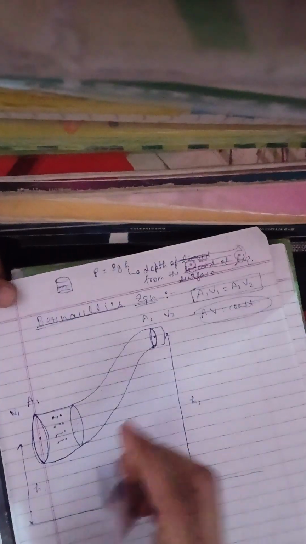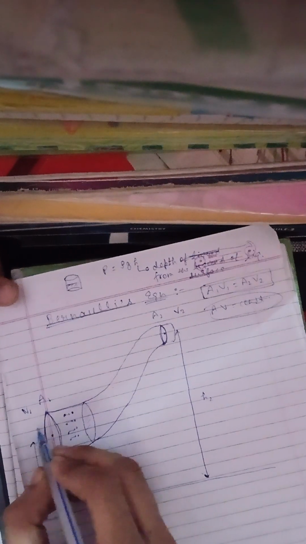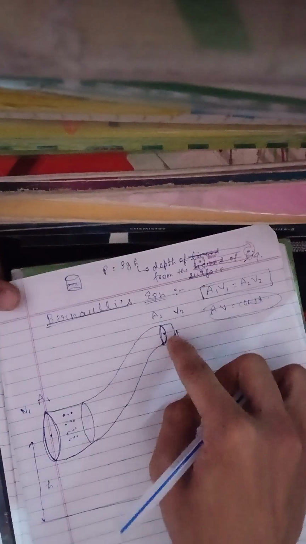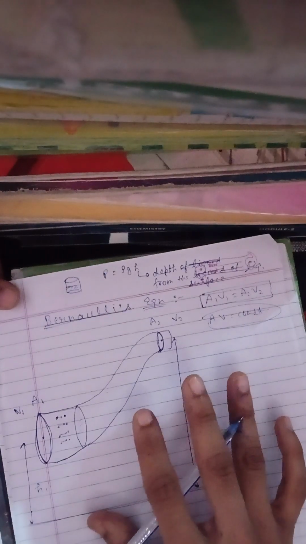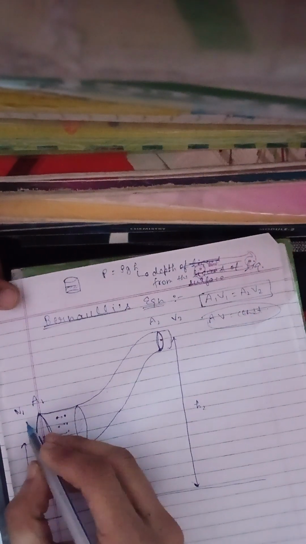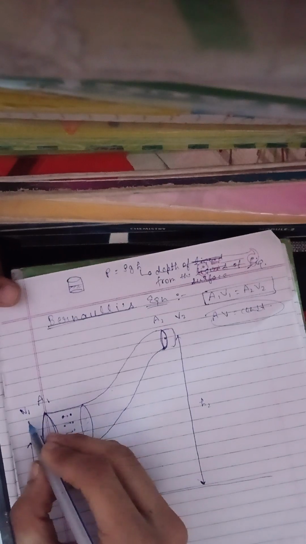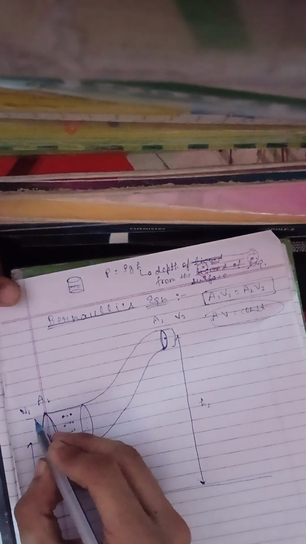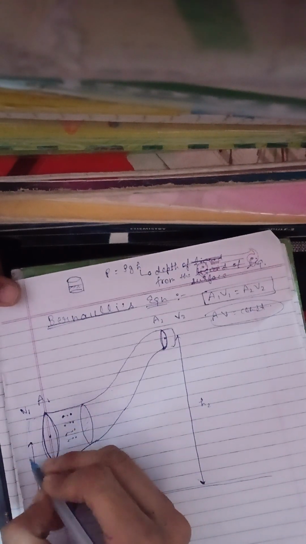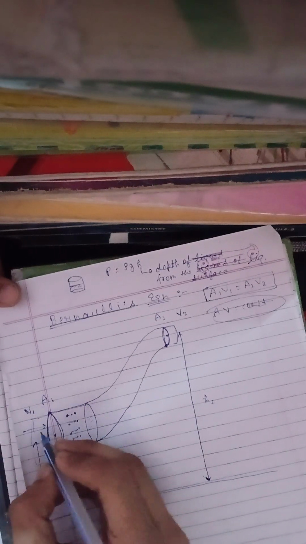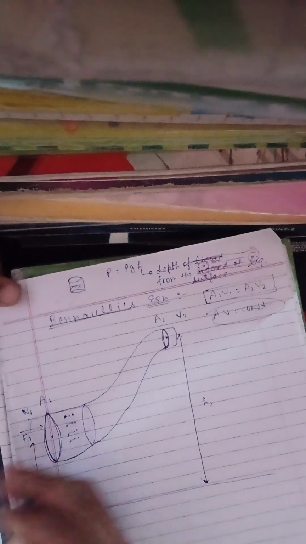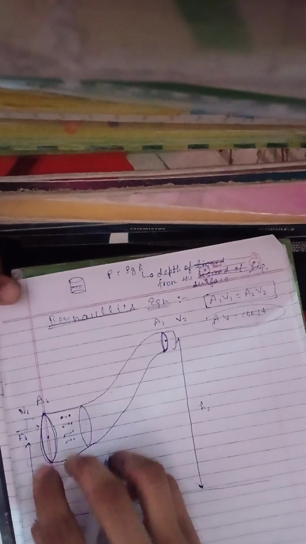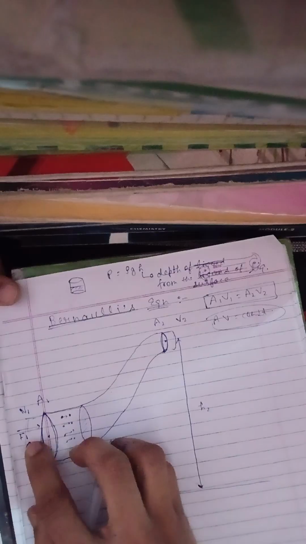Say this is actually a part of a pipe we have taken, a part of a whole long pipe. There will be water molecules here exerting force, say F1, on the water molecules ahead of them.